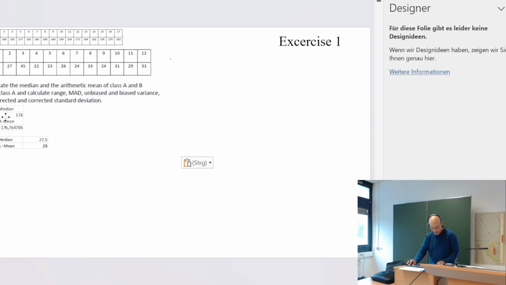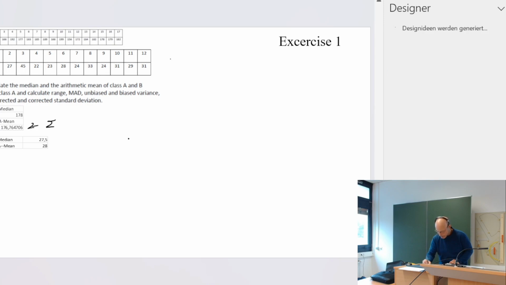This is then for A. So especially this one would be the sum, i equals 1 to n, of xi, and 1 over n.